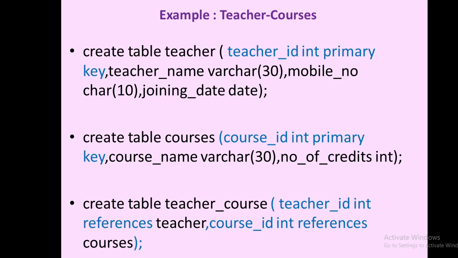So we can see that teacher ID integer references teacher is the first foreign key which refers to the primary key of the table teacher, and second foreign key is course ID which is referencing the primary key of the table course. So these are the two attributes of the third table.